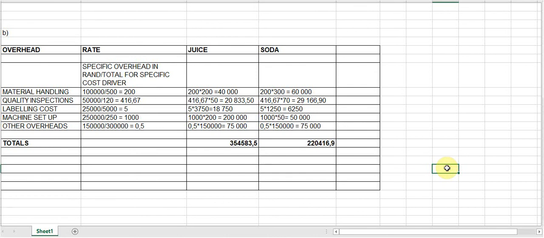For the juice bottles, 354,583 Rand and 50 cents will be allocated to the juice bottles, and in the instance of soda bottles, 220,416 and 90 cents is allocated to the soda bottles.